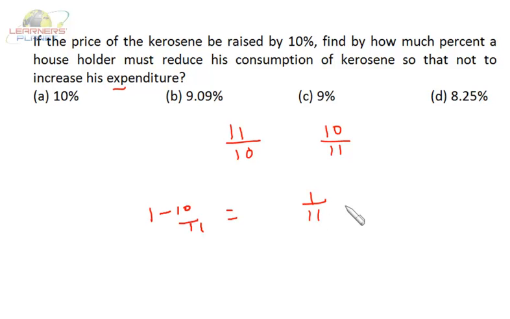I hope you are able to recap that we discussed about the fraction to percentage conversion. So what will be 1 by 11? It will be 9 point something. So around 9.09%, since it is not a whole number, or we can say it will not be an integral value. So it is 9 point something, which is there in this option. Okay, I hope you are clear.